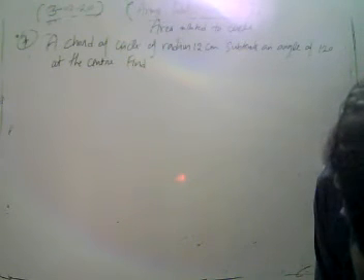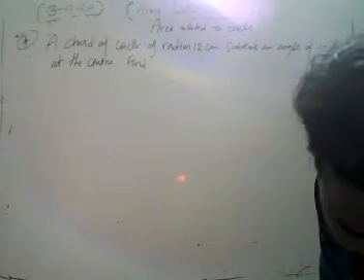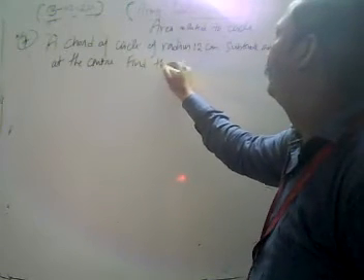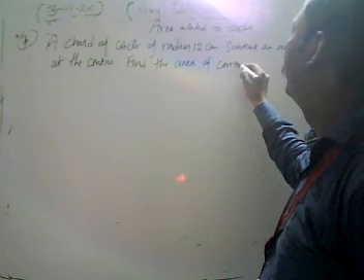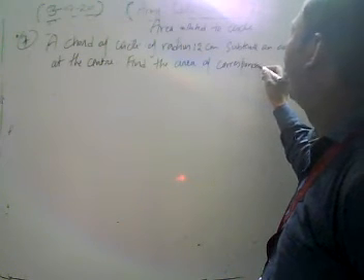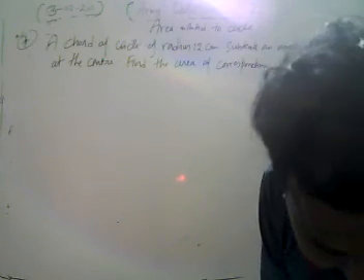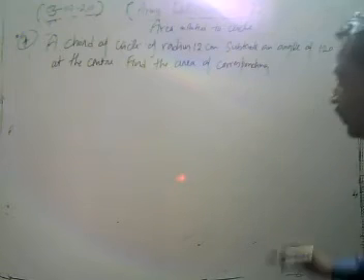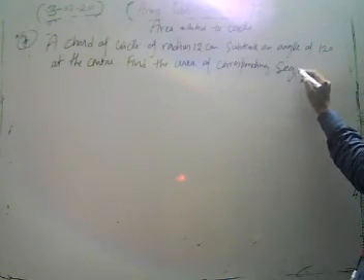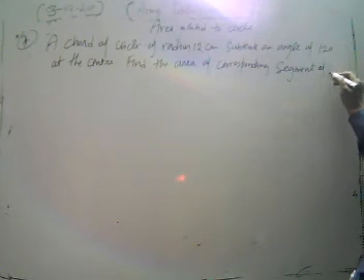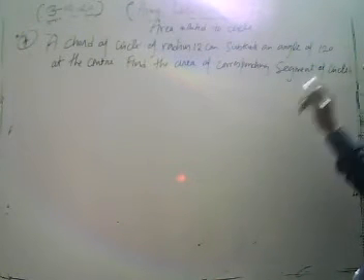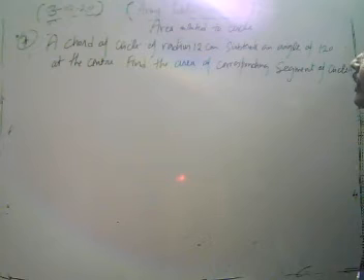Find the area of the corresponding segment of the circle. The corresponding segment of the circle means we have to find the area of the minor segment.